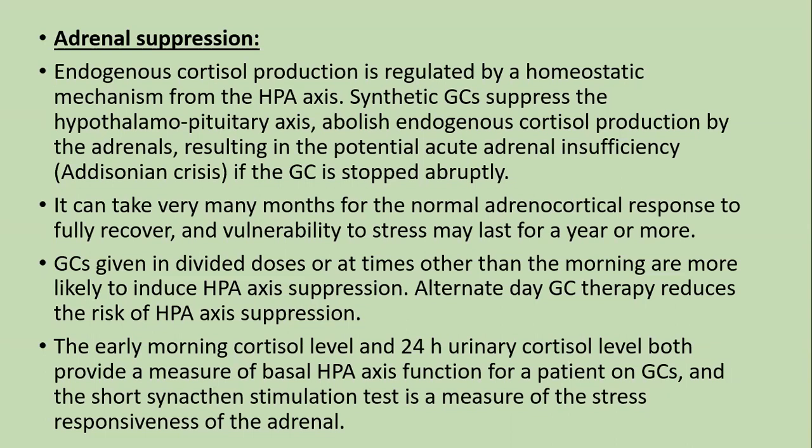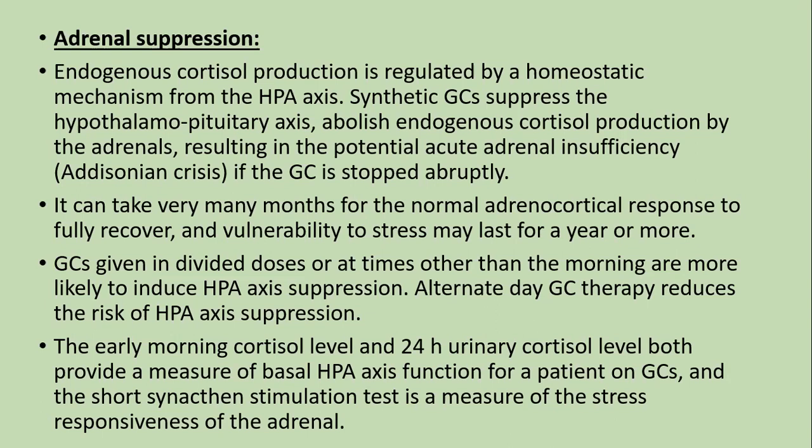If you split the dose into 2 to 3 doses, then there are more chances of hypothalamic pituitary axis suppression than with the normal dose. However, if you are giving the steroid for a long period of time and you are giving a large number of tablets, then it is better to split the dose, but never ever reduce the steroid abruptly.